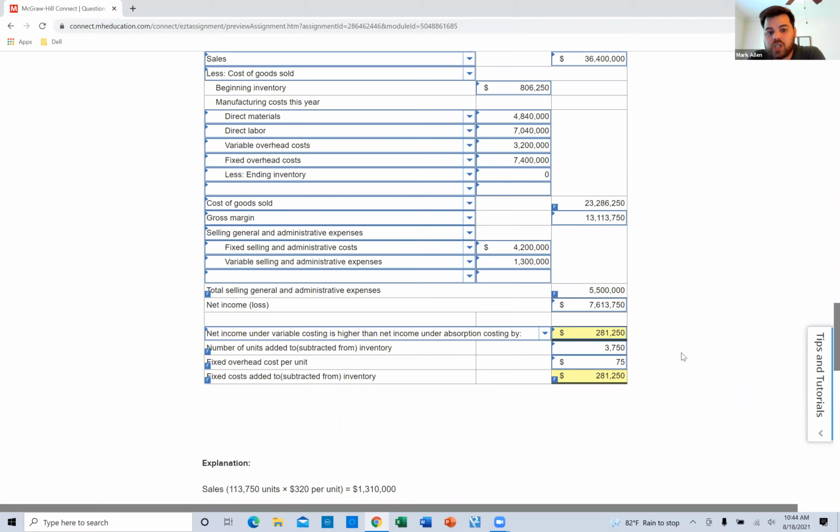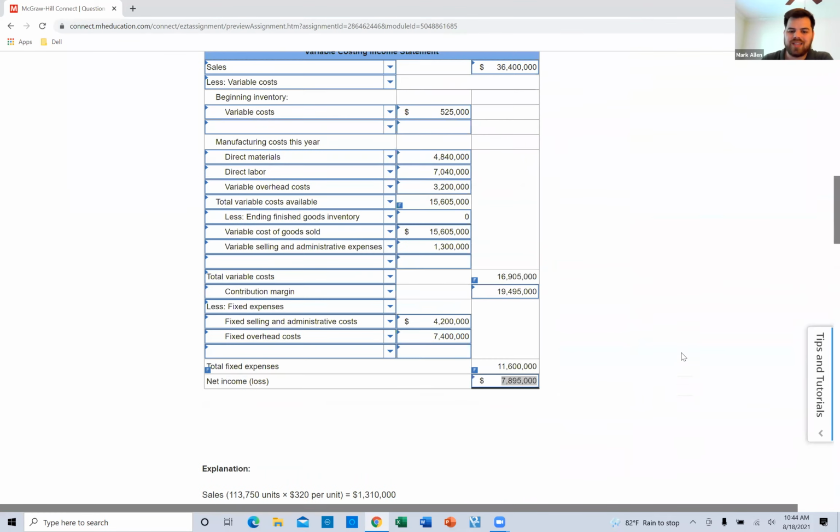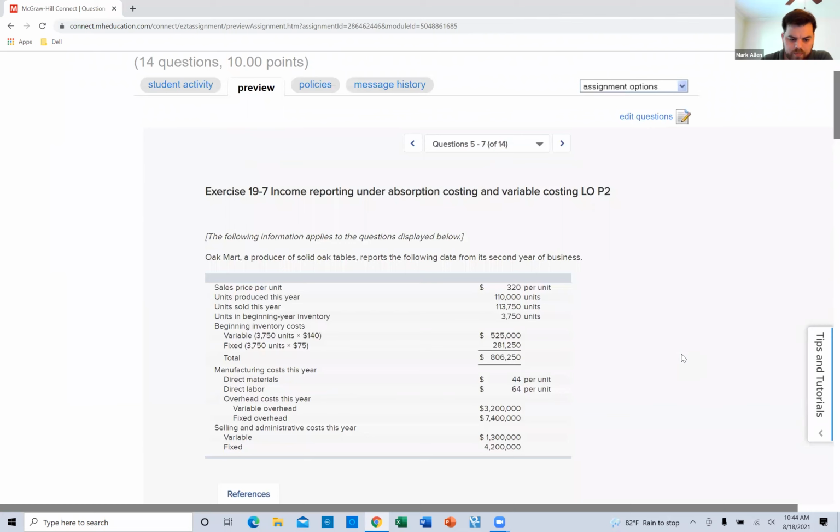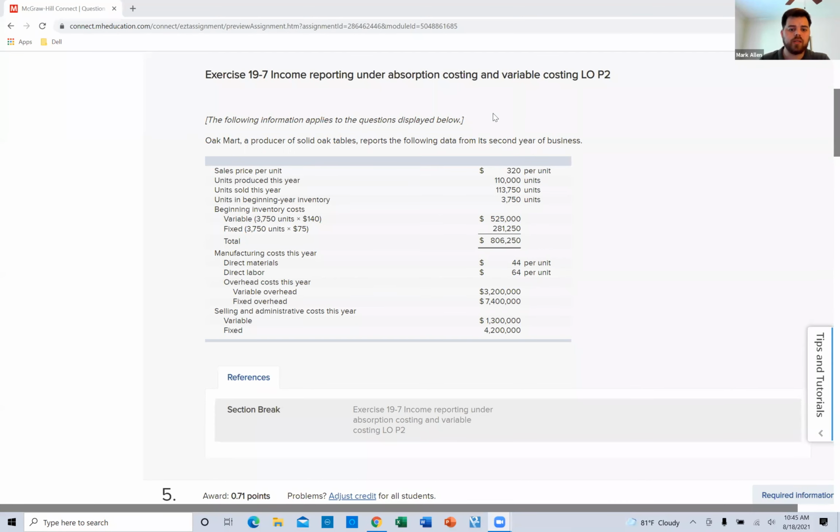So that change in inventory was 3,750. And then the fixed overhead that we assigned per unit was $75 a piece. And that, I believe, was given to us up top. Let's see, the fixed overhead on a per unit basis. And of course, we see that given to us right here, where it says in our beginning inventory cost, we had fixed, and this was the $75. So that's, of course, where this is coming from.